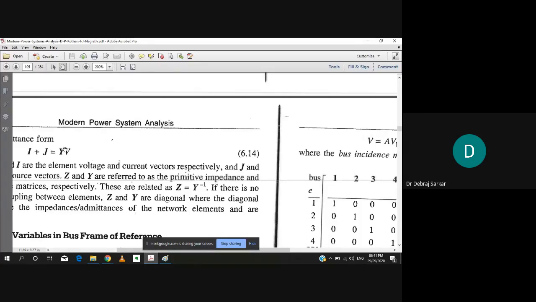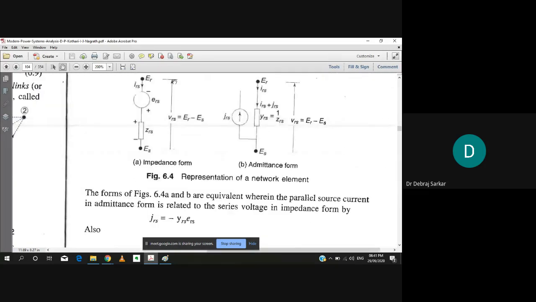This is not the bus admittance matrix. Remember, this is a primitive Y matrix, into a voltage matrix. This voltage matrix is the voltage across an element.